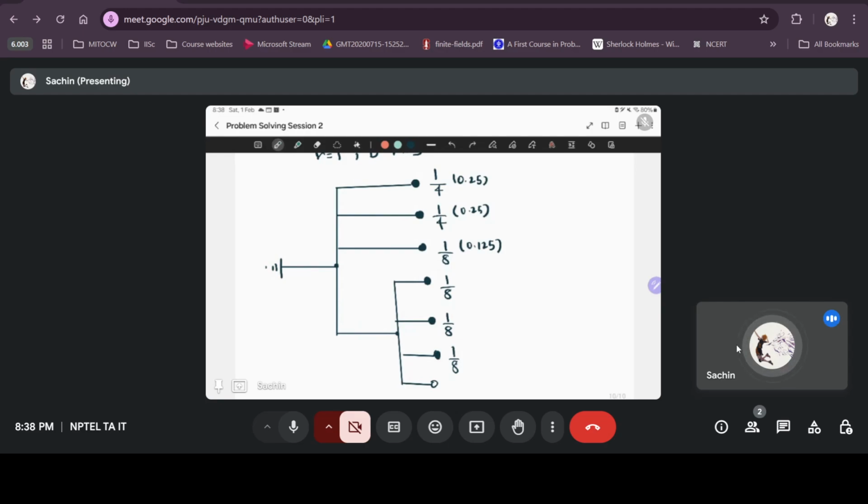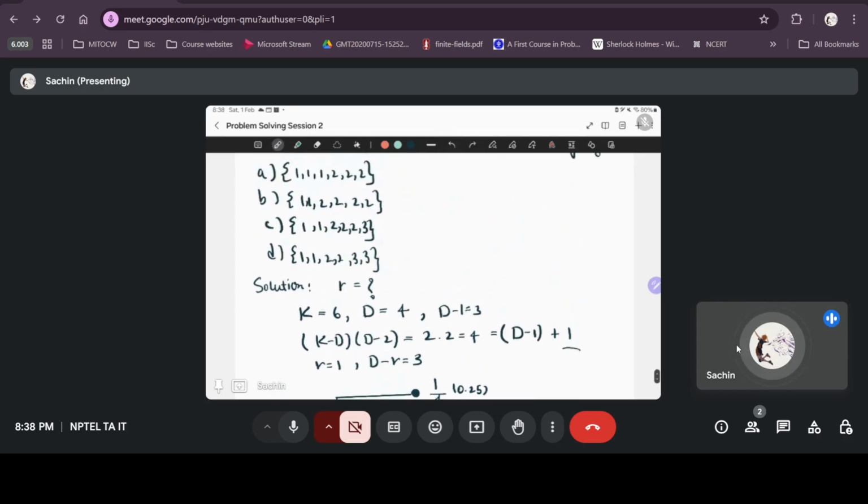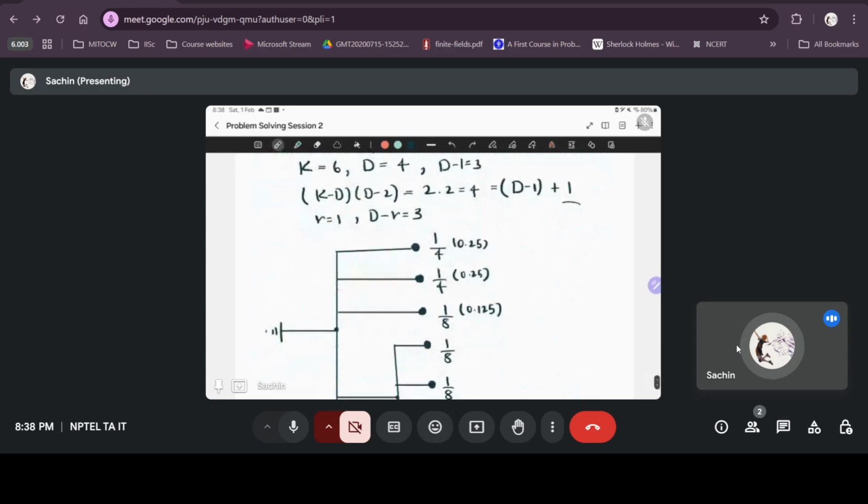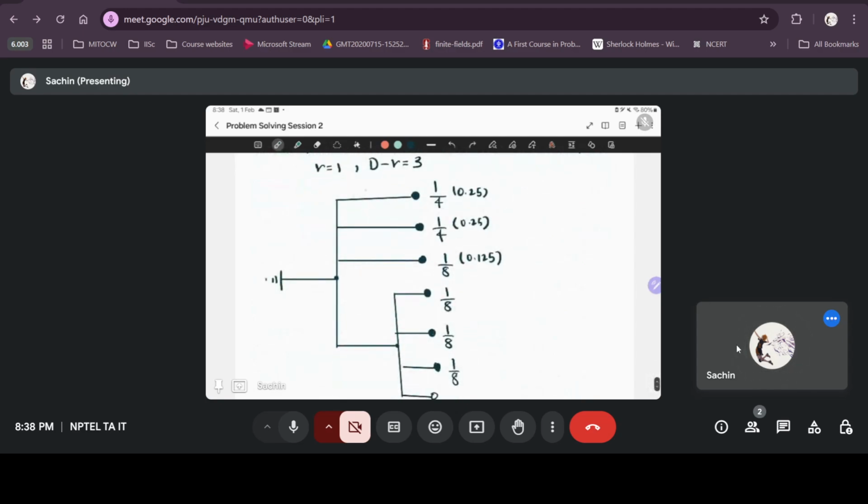So suppose your output alphabet is 0, 1, 2, 3, which is 4-ary. The code words would be: for U1 it is 0, U2 is 1, U3 is 2, U4 is 3 0, U5 is 3 1, U6 is 3 2.